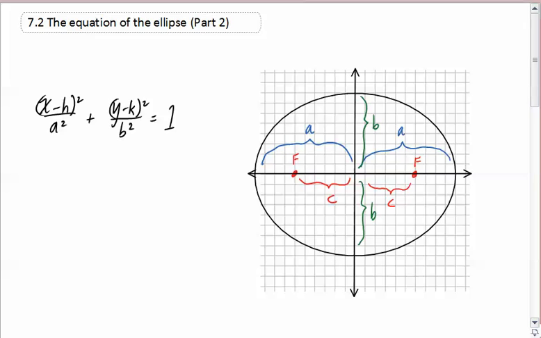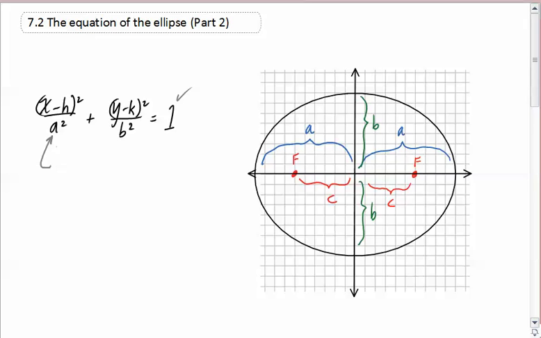So if you look here on the left, we have the basic standard form of an equation of an ellipse. Now, let me give you a few pointers here. On an equation of an ellipse, it's always going to equal 1, first of all, and the a and the b are found underneath the x and y terms.